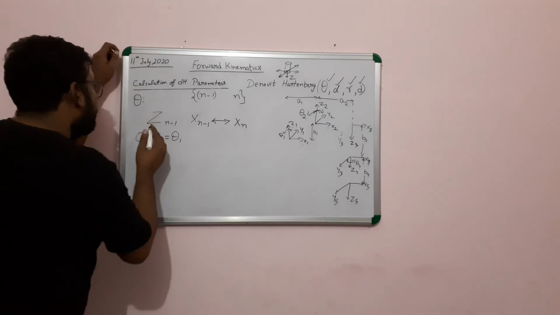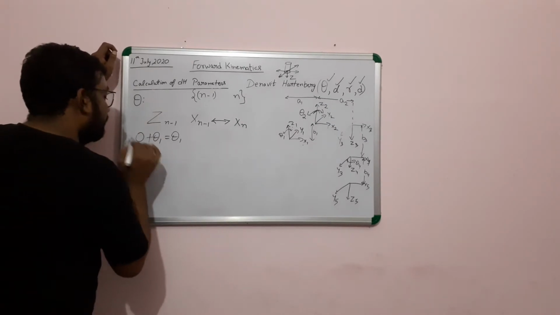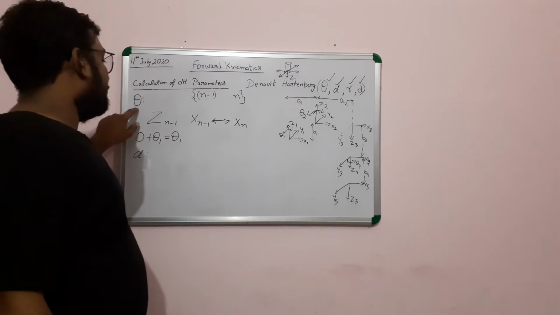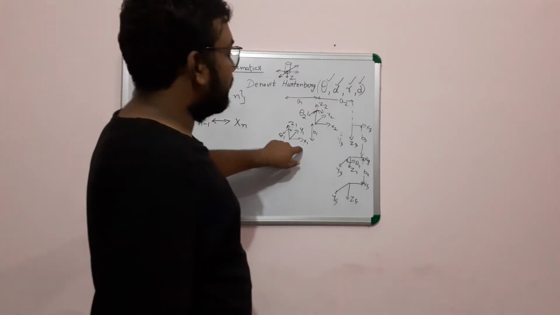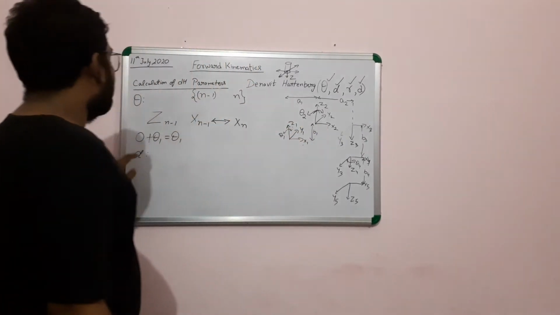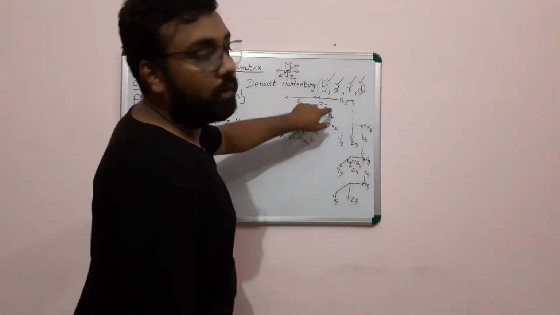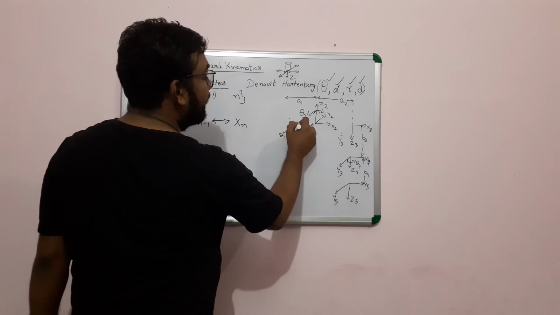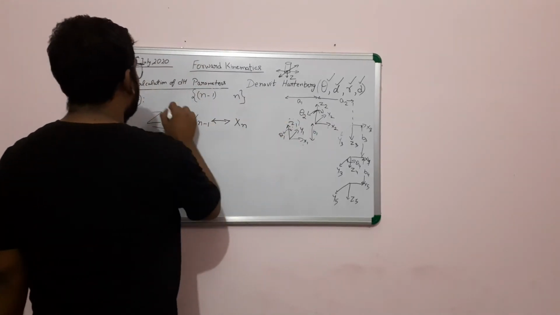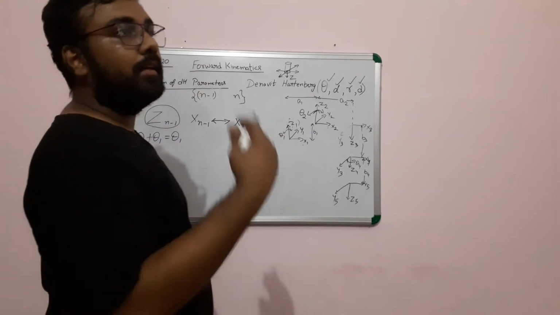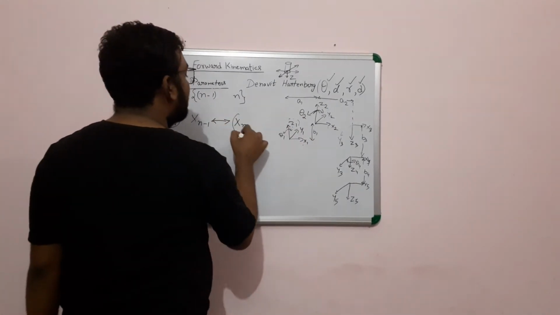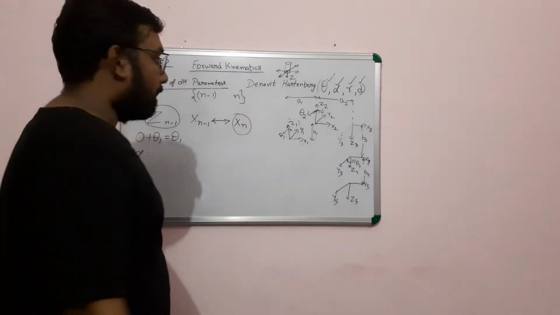Don't worry. Next, what is alpha? Alpha is the angle. See, there we were matching x1 to x2. Here in alpha we'll match z1 to z2. There we were using zn minus 1 as the axis of rotation. Here we'll consider xn as the axis of rotation. Fine.